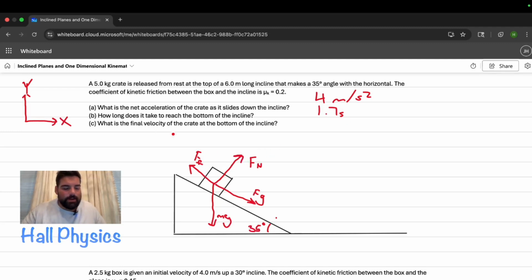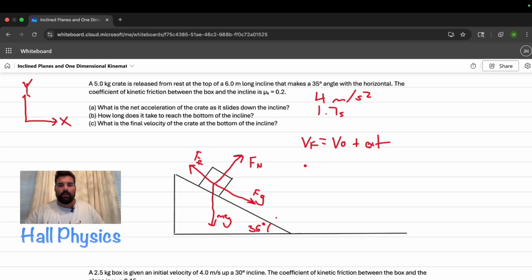Lastly, they want to know the final velocity. So for this, I'm going to use VF. Final velocity is equal to initial velocity plus acceleration times time.